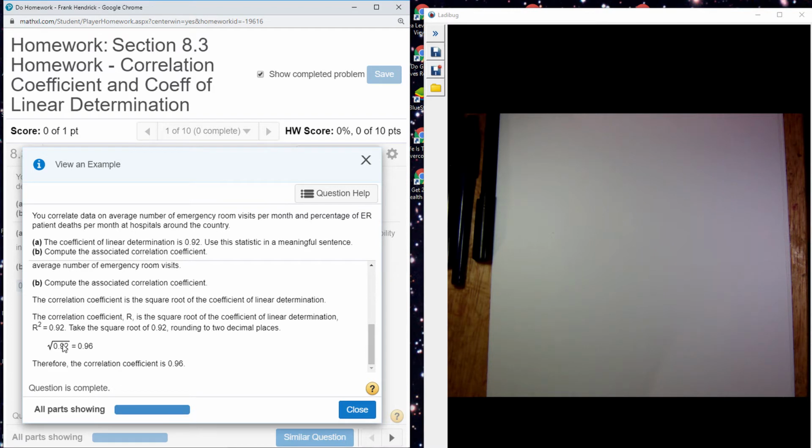So to find the correlation coefficient, we simply take the square root of R squared to get R. Therefore, the correlation coefficient is 0.96.